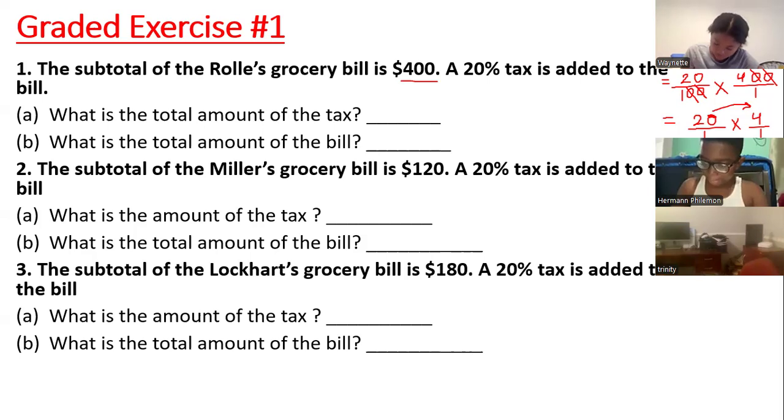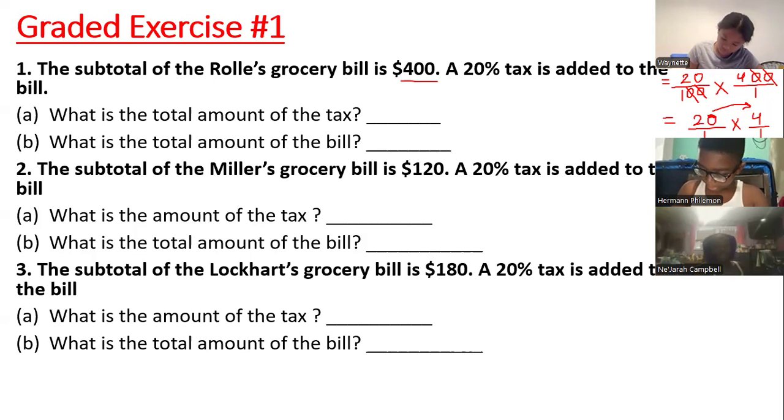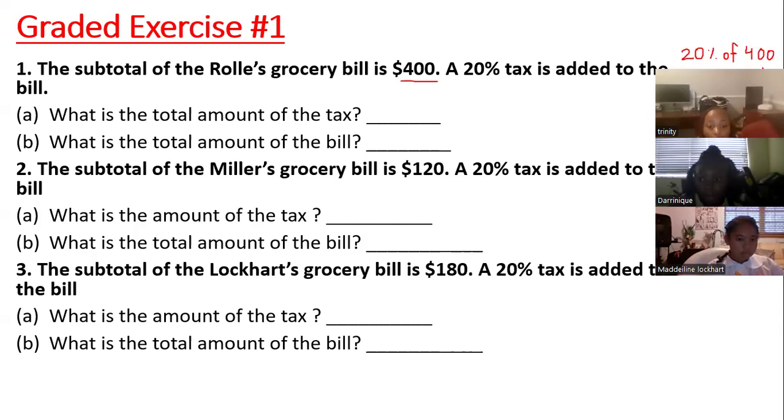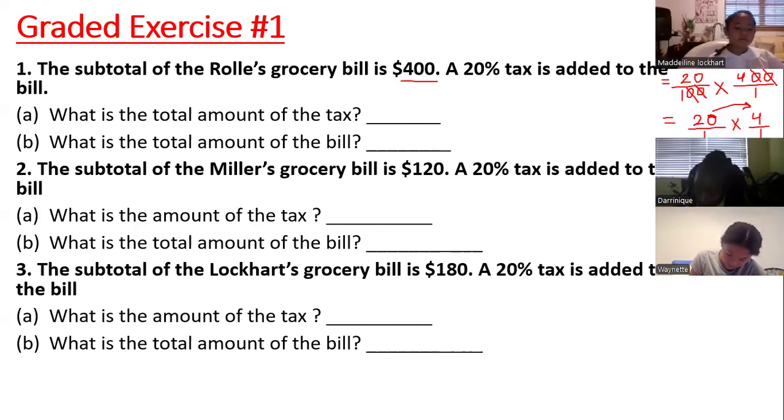Darren, what number are you on? I'm on number 5A. Legacy, did you finish 1, 2, and 3? You mean the first one? Yeah, the first one. Oh, I finished the first one already. And the second one? Madeline, what number are you on? I'm on number 5. Okay.